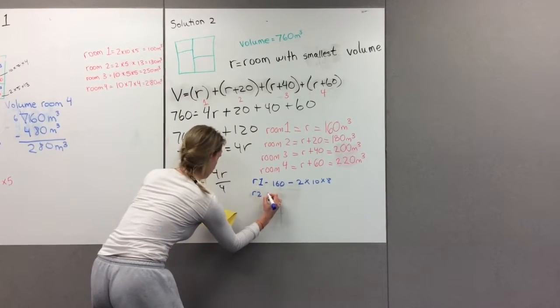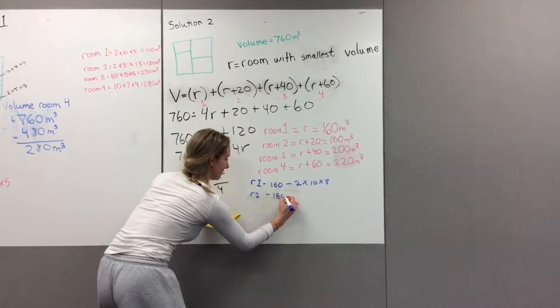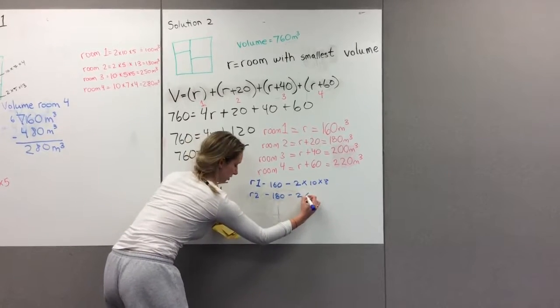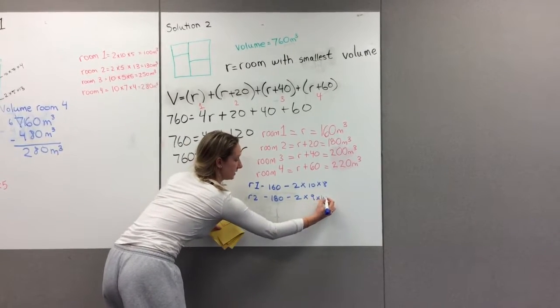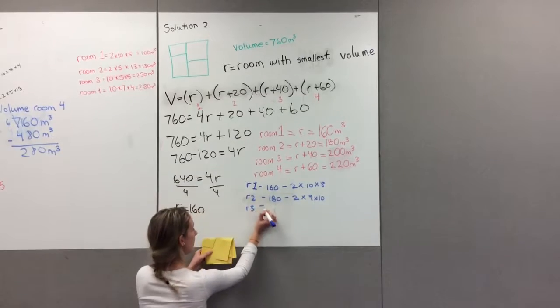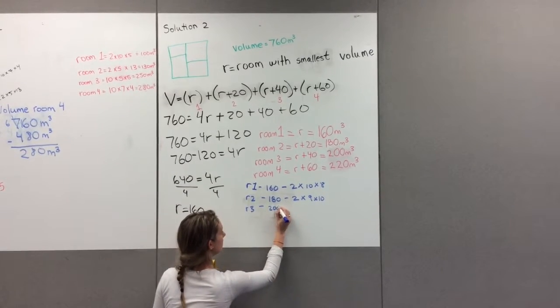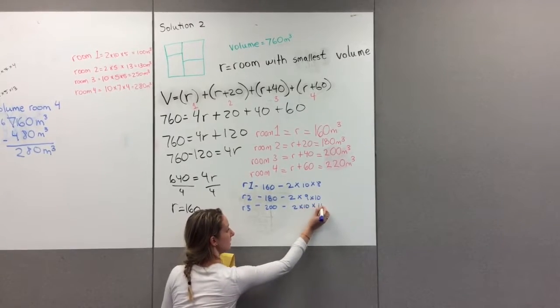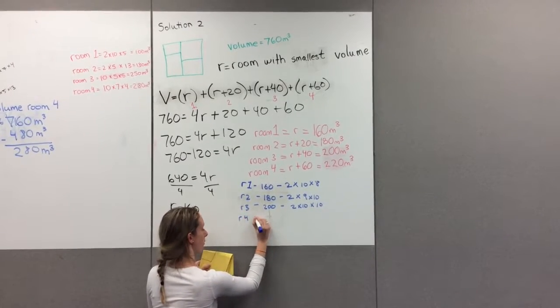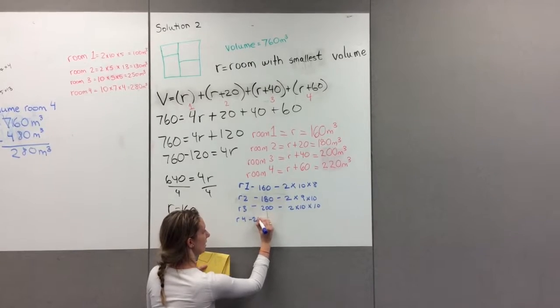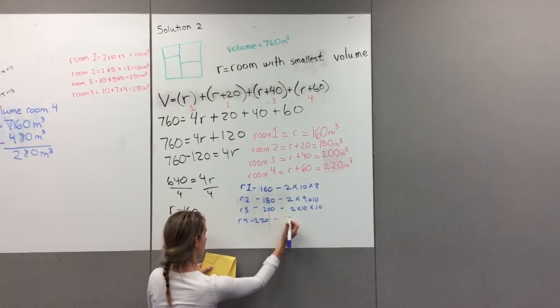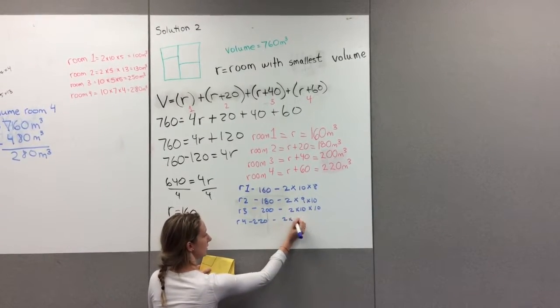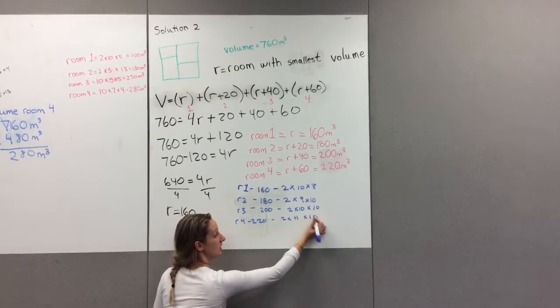For room 2, that is 180 meters cubed, we found 2 times 9 times 10. Room 3 was 200 meters cubed, so we found 2 times 10 times 10. Finally, room 4, which was 220 meters cubed, we found that the dimensions would be 2 times 11 times 10.